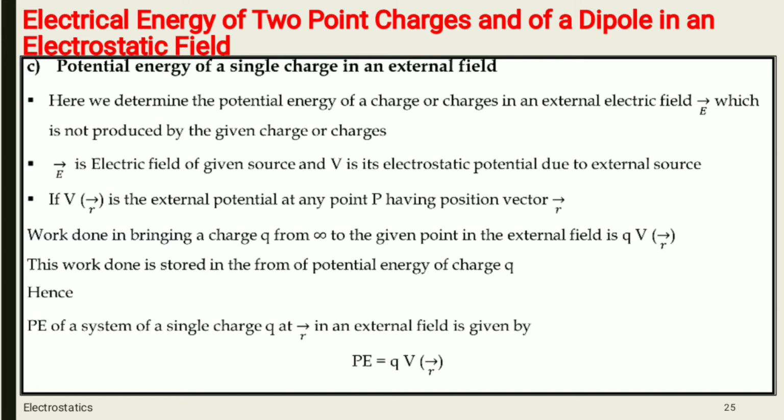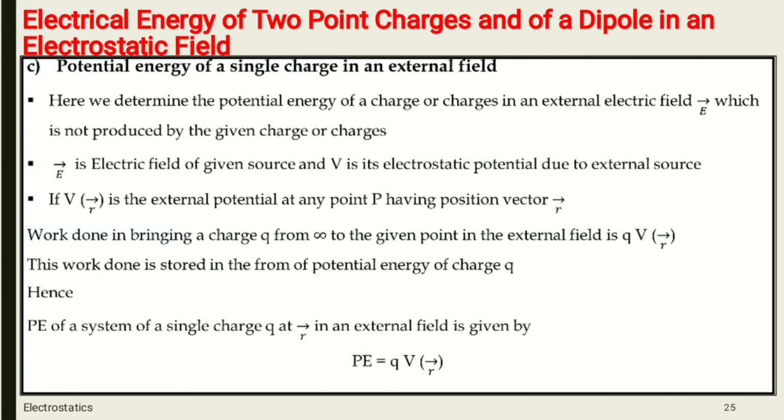Now we are going to discuss point C from the electrical energy of 2-point charges and a dipole in an electric field. Here we are going to discuss the potential energy of a single charge in an external field.